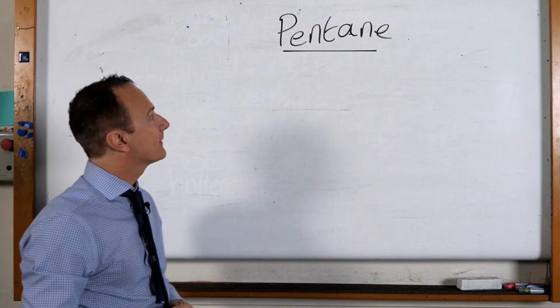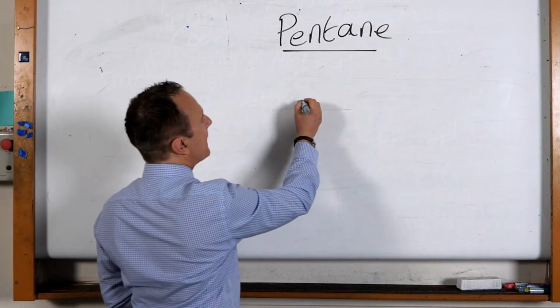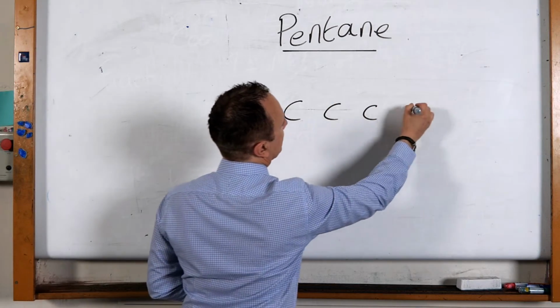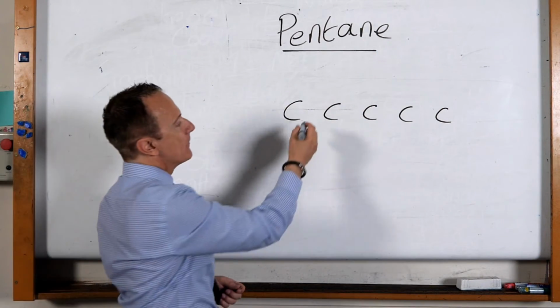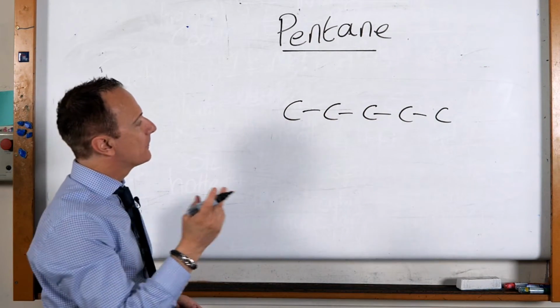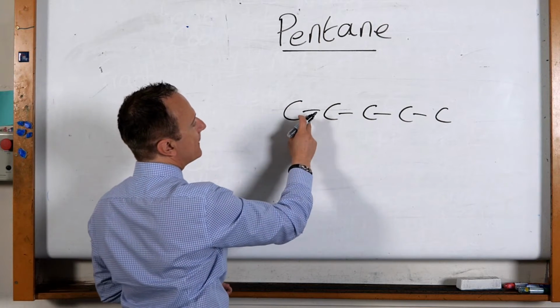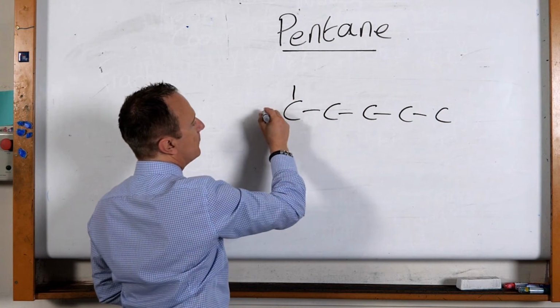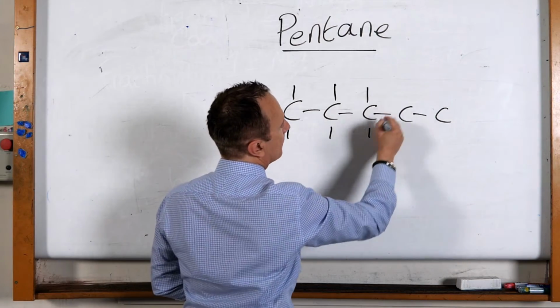I'll show you another example. We've got pentane this time, so the pent tells me there's 5 carbon atoms. The last part of the name tells me it's an alkane with single covalent bonds. And then we're going to make sure that every one of those carbon atoms makes 4 covalent bonds. That's making 1, 2, 3, 4, 1, 2, 3, 4, and so on.